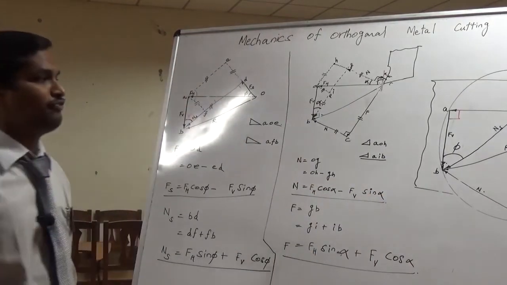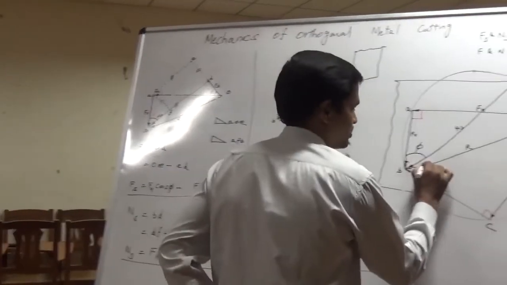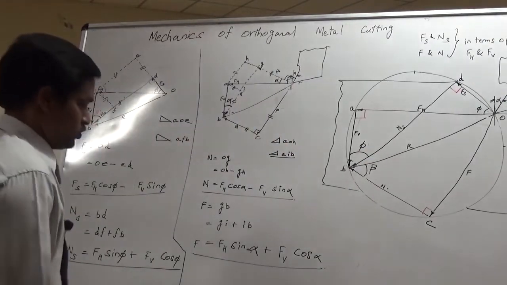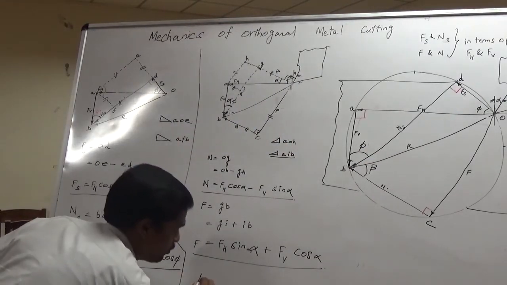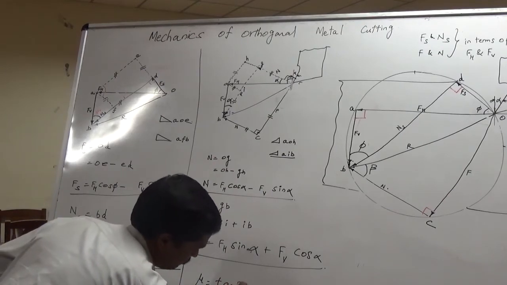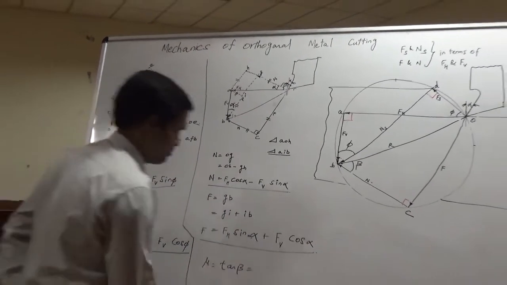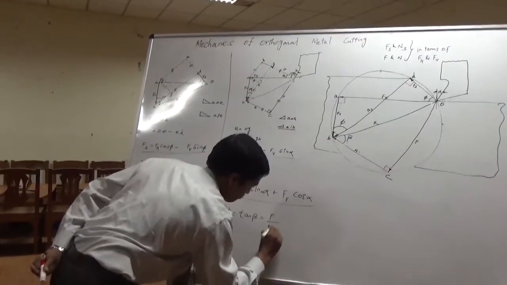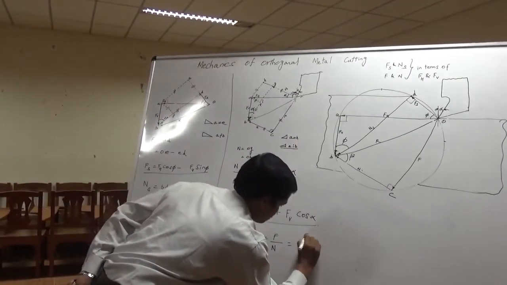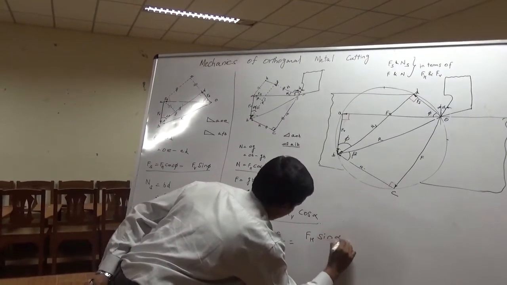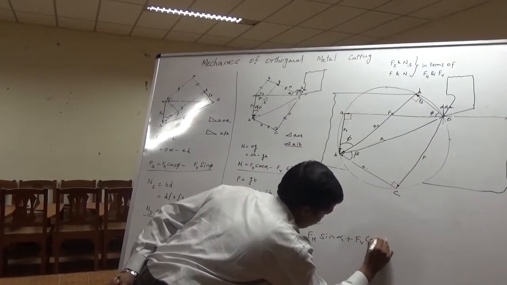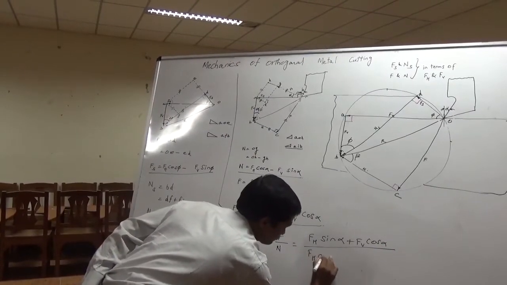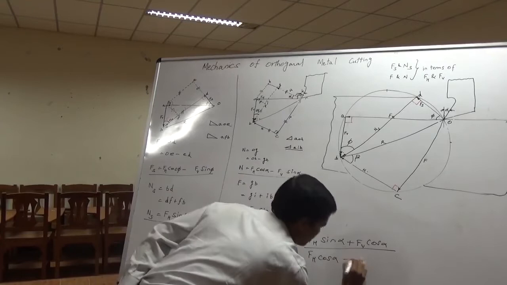And to find friction angle which is between F and N, it's beta. So mu is equal to tan beta, friction angle is called as beta, which is nothing but tan beta is F by N, opposite by adjacent. F value is FH sin alpha plus FV cos alpha divided by FH cos alpha minus FV sin alpha.